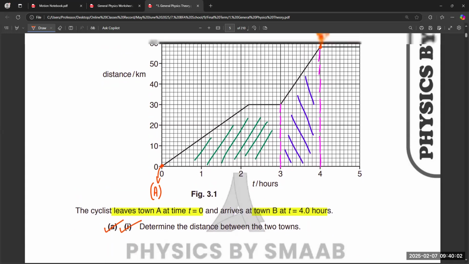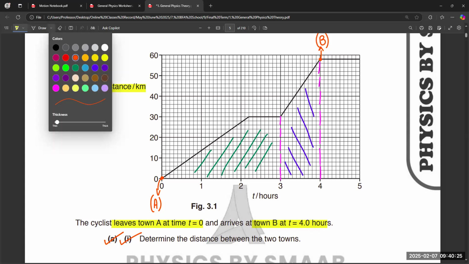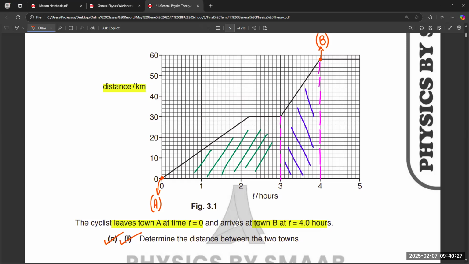But right now in the graphical representation, if you observe, the distance is already mentioned on the y-axis. It means you don't need to apply any shapes to find the distance, right? Because the distance is already mentioned in the graphical representation.